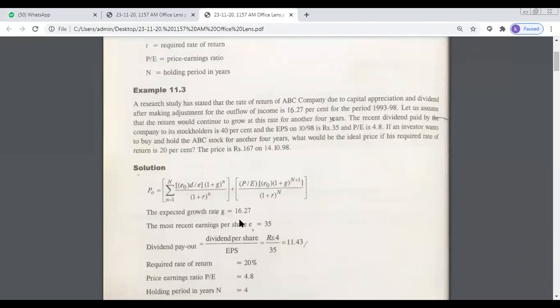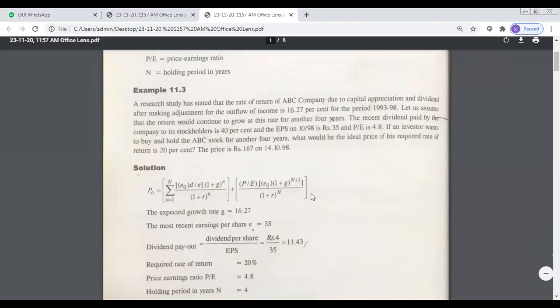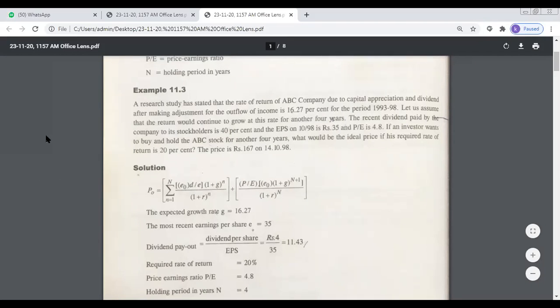I told you, the face value of the share will always be equal to 10 rupees, right?